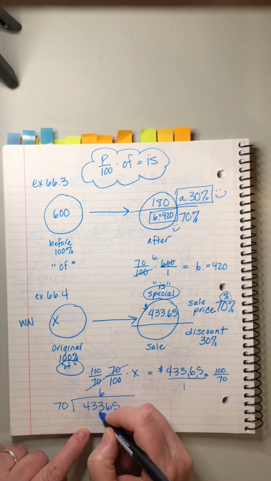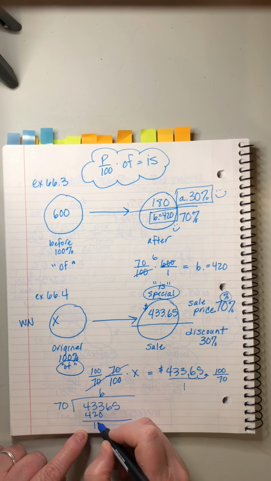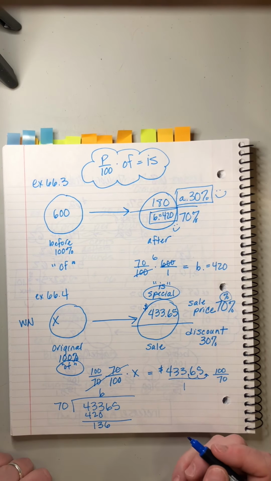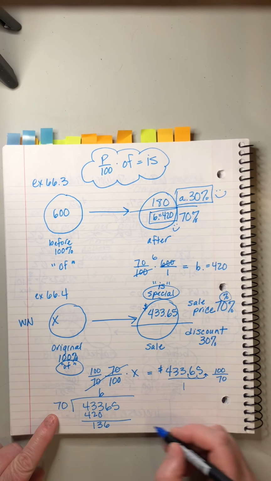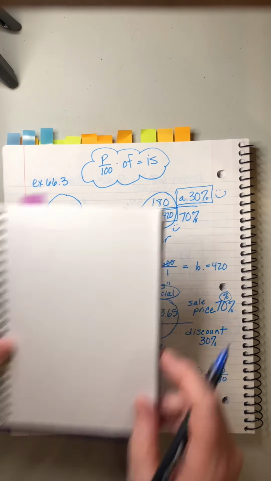So this is going to become 420, and I can bring down a 6. My problem's going to have to go kind of sideways. I hope that will make sense to you. Here, you know what I'll do? Wait. Let me use my special auxiliary book.